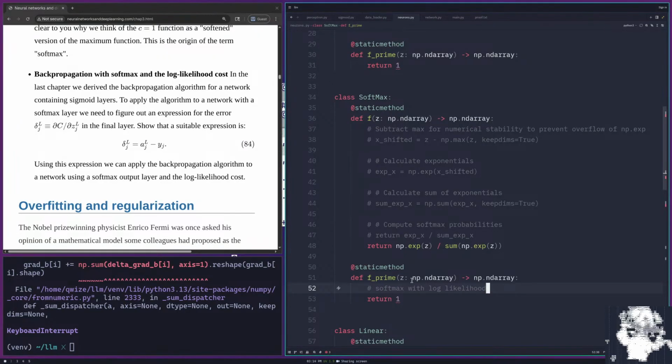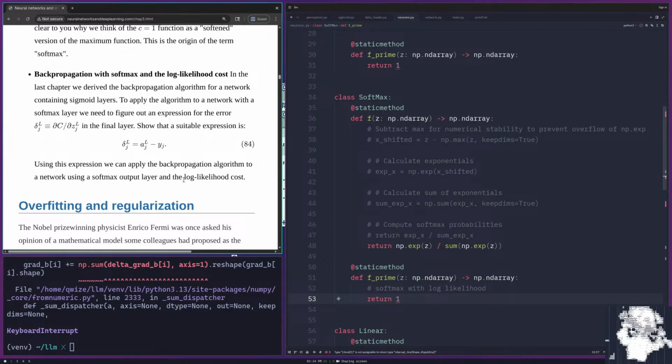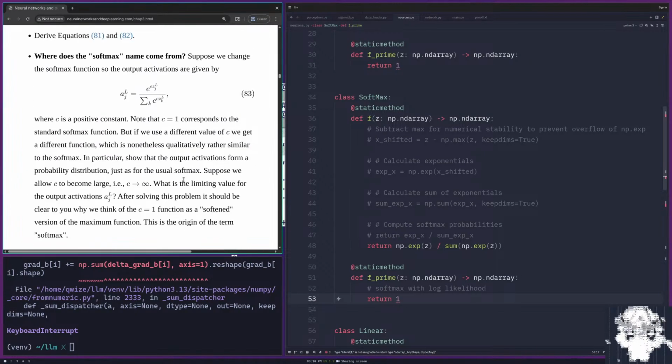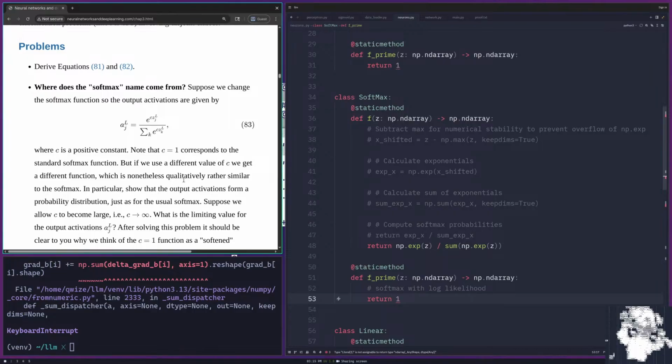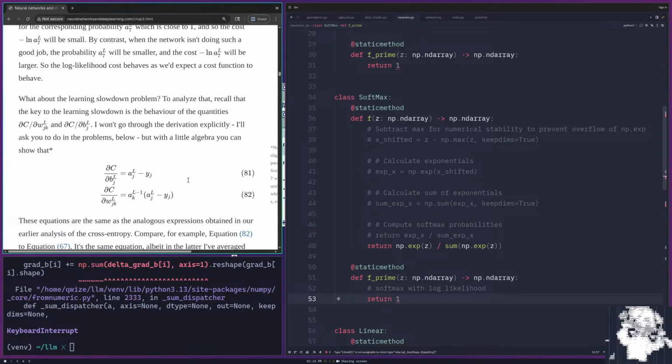That's how I was able to do this. I guess we did it for, we skipped delta.